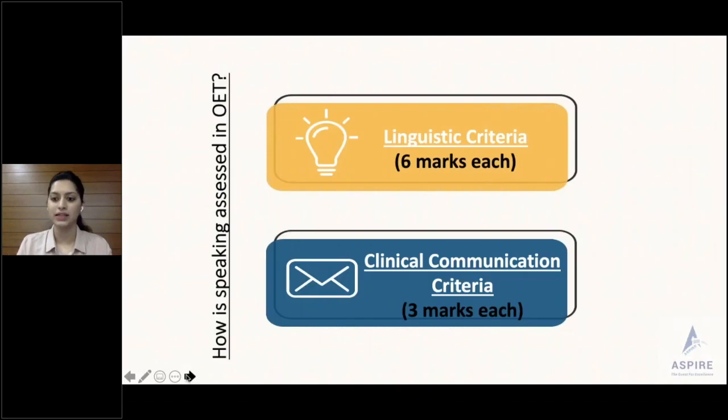So how is speaking assessed in OET? There are 2 major criteria, the linguistic criteria and then the clinical communication criteria. The linguistic criteria carries 6 marks each, and the clinical communication criteria carries 3 marks each. To get a B grade, it is usually advised that you get 5 out of 6 in linguistic and 2 out of 3 in the clinical communication criteria.